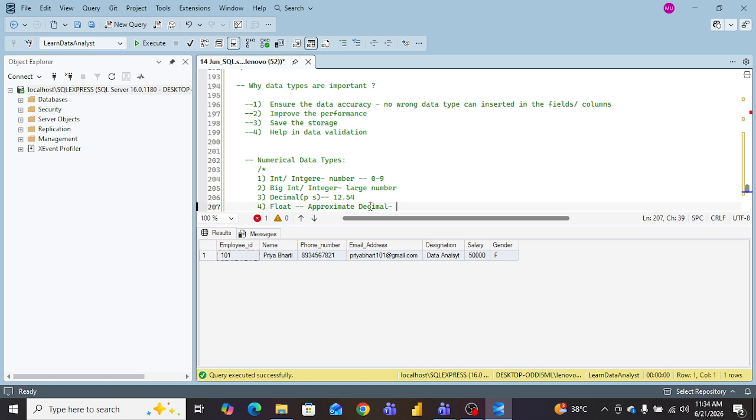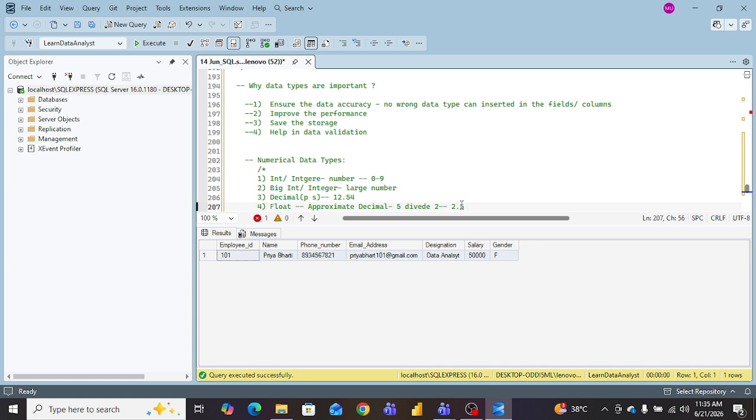So suppose 5 divided by 2. What is the answer? 2.5.